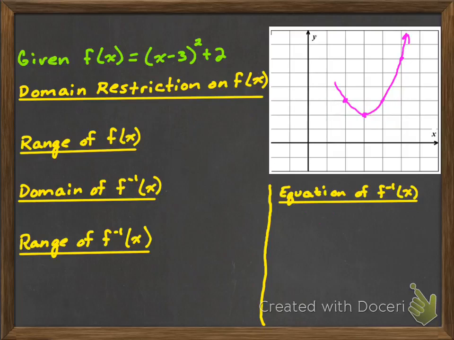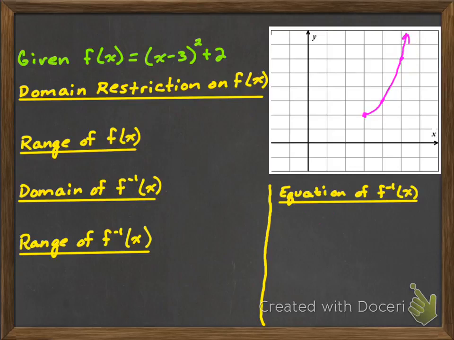If I take off a little bit more, it still does not work because it will not pass the horizontal line test down here. We need to restrict it all the way back to the vertex. Now, no matter where you draw a horizontal line, it will pass the horizontal line test. It's only going to cross this graph once. That means the inverse of this will be a function.